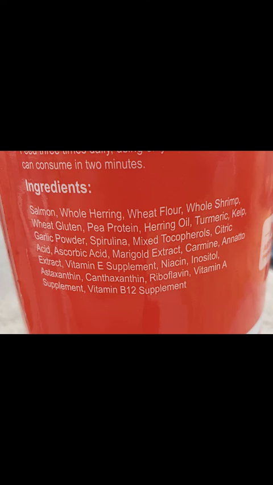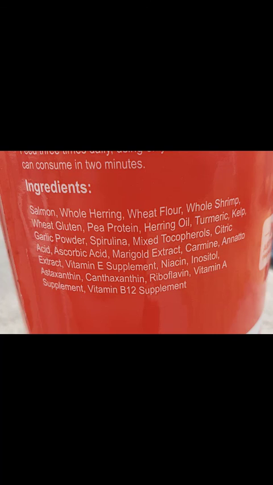Notice we've got some dead fish, so salmon and herring, and then we've got wheat flour for plants, so that's dead plants. Whole shrimp, and again we've got some dead animals, and then wheat gluten and pea protein wind up being some dead plants. Herring oil, so squish a fish and then squeeze the oil out.